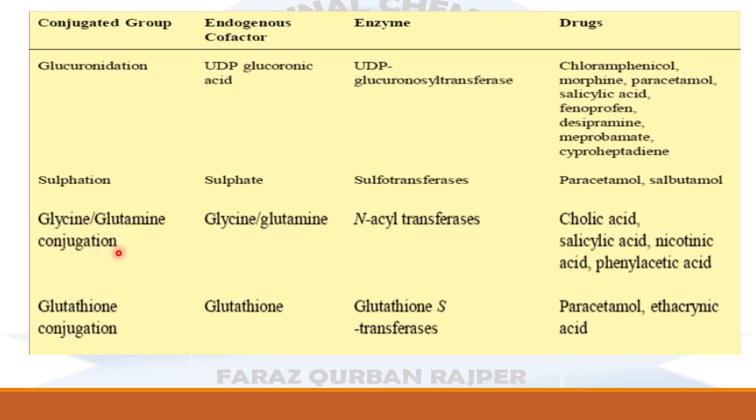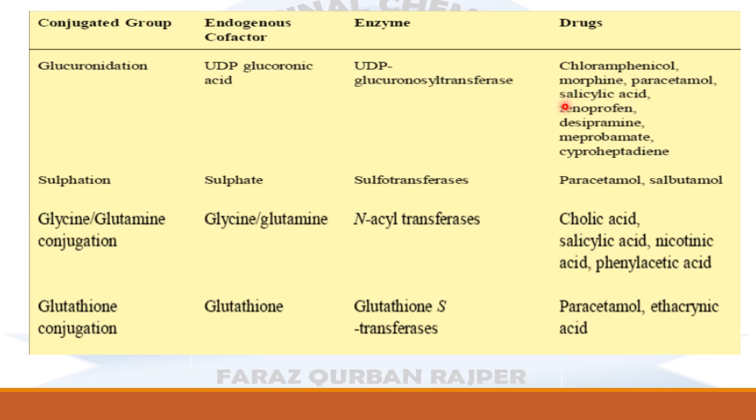Glycine, or what we say amino acid conjugation, will take place in cholic acid and salicylic acid. Glutathione conjugation will occur in paracetamol and ethacrynic acid. So this table is also important for the different types of tests in the exam, pharmacist licensing exams and many other commission-related exams, drug inspector or hospital pharmacist.